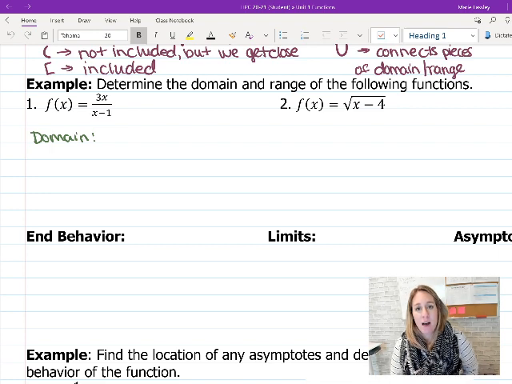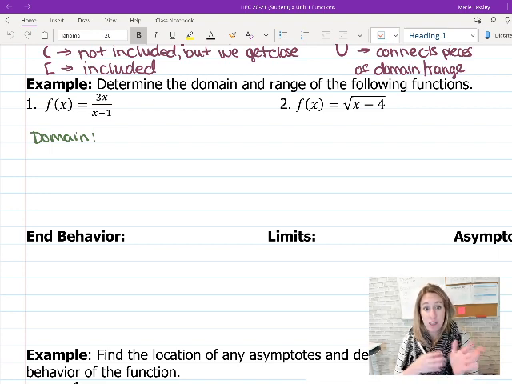In a function like this, the 3x is really just a linear piece. If you ignore the bottom of the function, 3x is easy. Any x can be anything up there. But hopefully you remember what we can't have in the bottom of a fraction. Math law says you can never divide by 0.